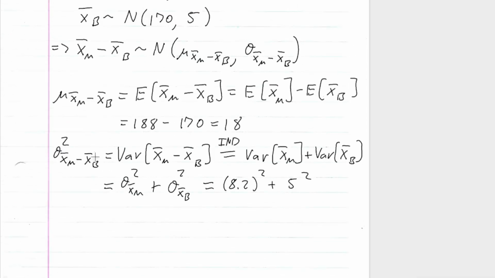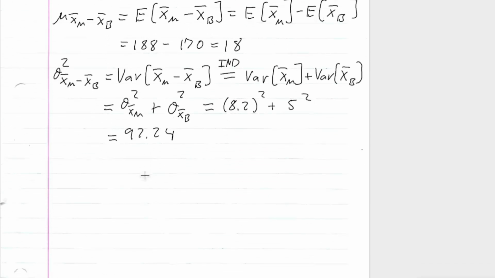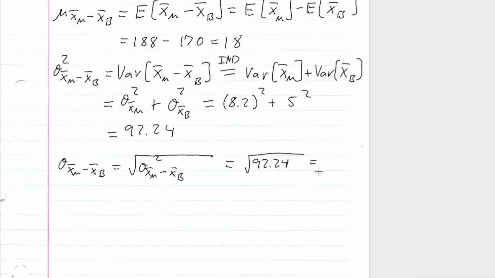If you do the math, that is 92.24. But we want the standard deviation, so it is the square root of 92.24, which gives us 9.6.